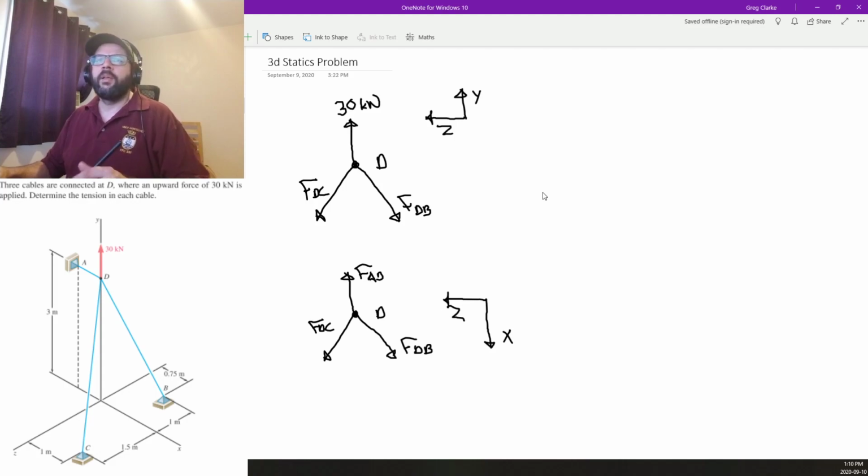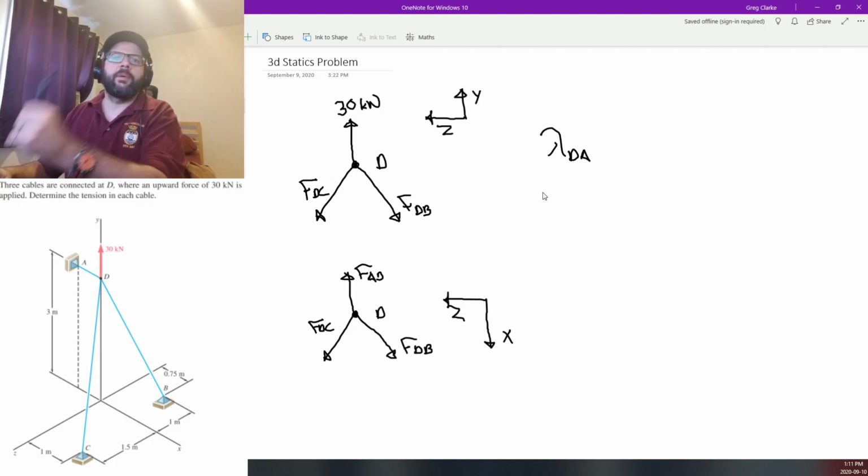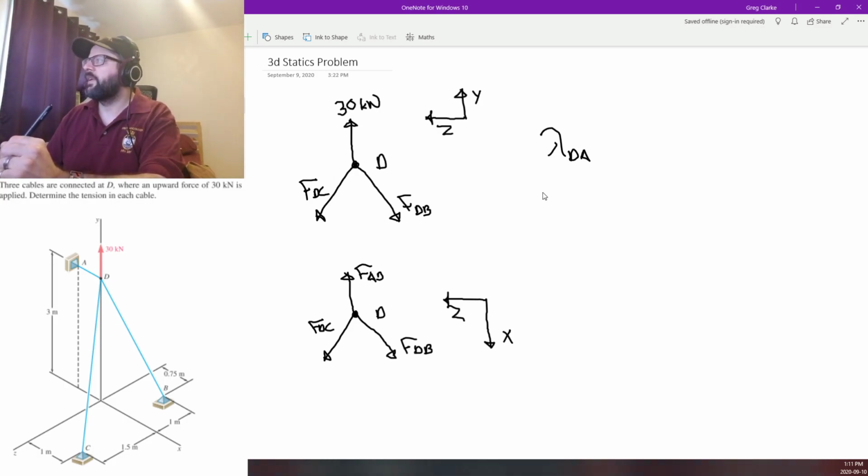Anyways, like I said, we generally want to be working with unit vectors here. So first things first, we can figure out what those are. The easiest of these is going to be the unit vector for D to A, because that one only has any displacement along the x-axis.